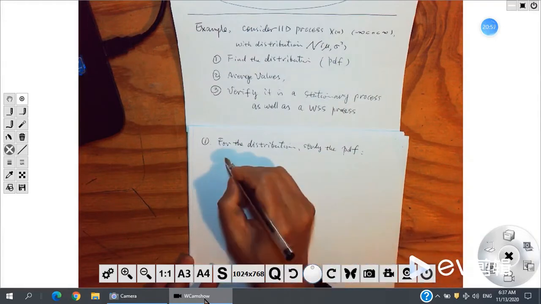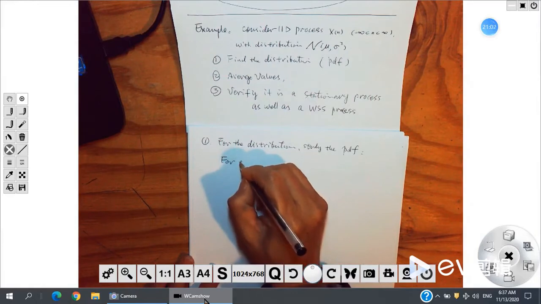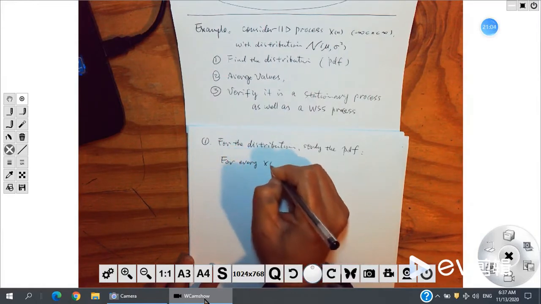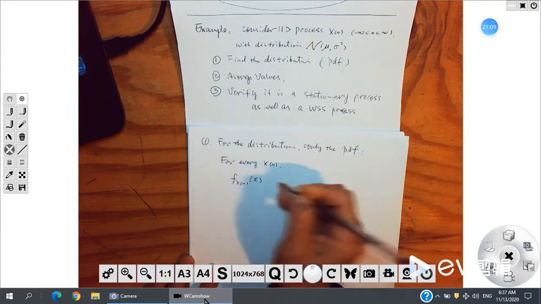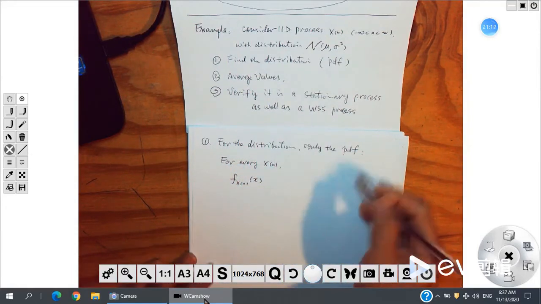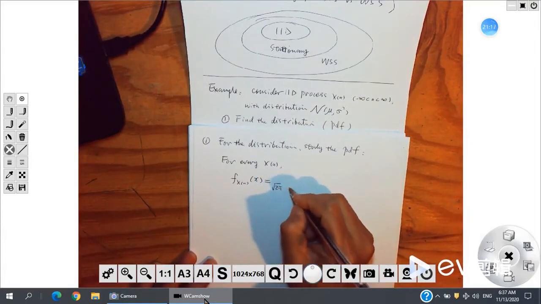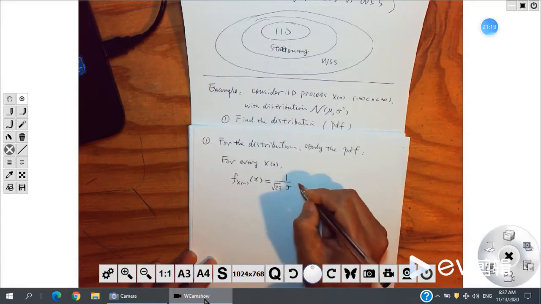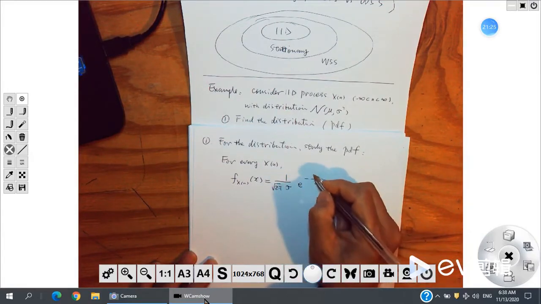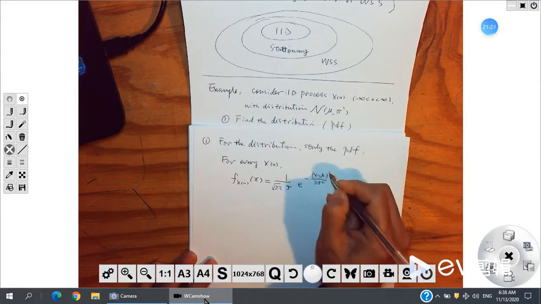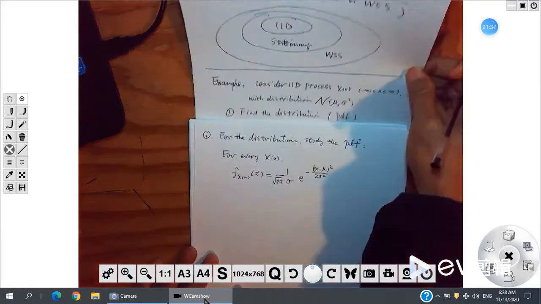The first one is for every x of n, f x n of x, what is it? We know it is Gaussian. So it is 1 over square root of 2 pi sigma squared, times e to the negative x minus mu squared over 2 sigma squared. That's it. This is just the definition of the Gaussian distribution.